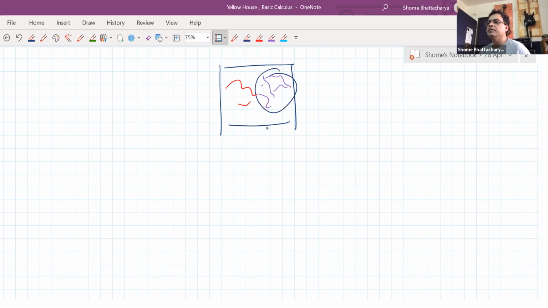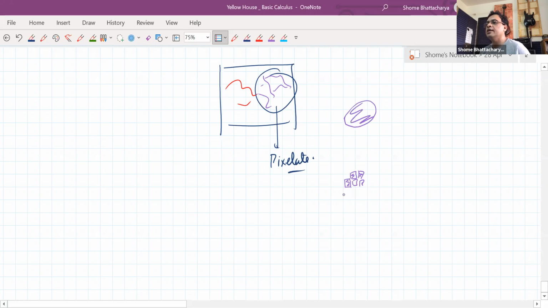It will pixelate. So when it pixelates, instead of seeing continuous colors, I will see pixels of colors. Instead of seeing a continuous blob of color like this in the diagram, I will see pixels of color like this, and their outline will be like that curve.